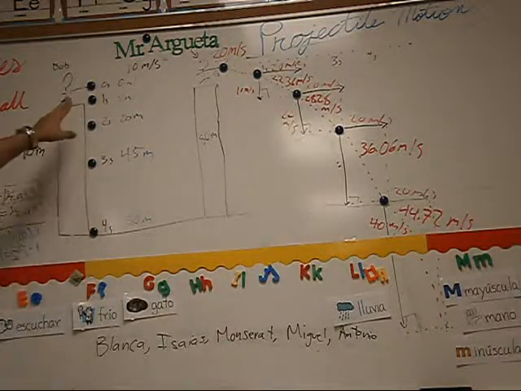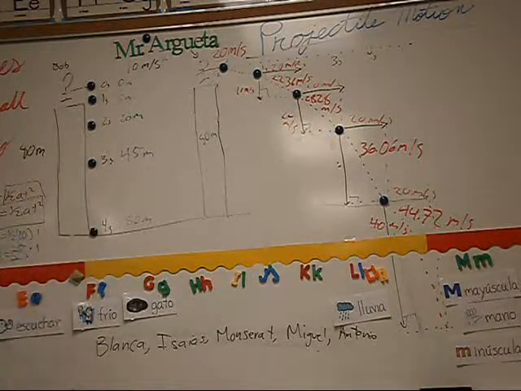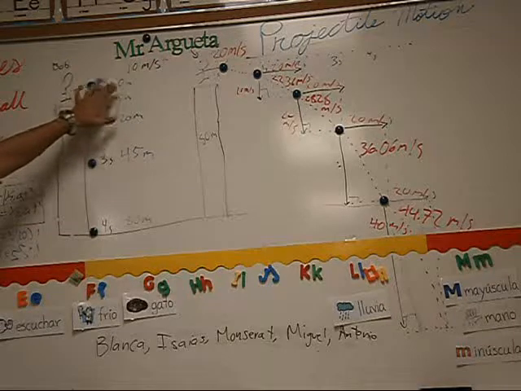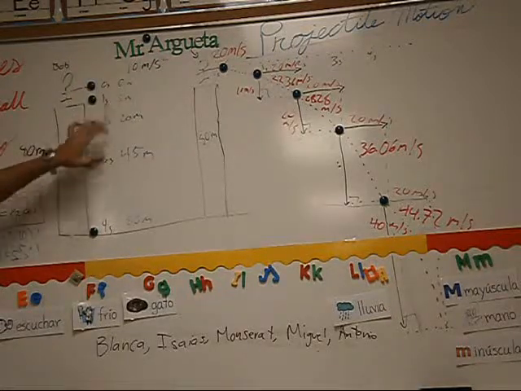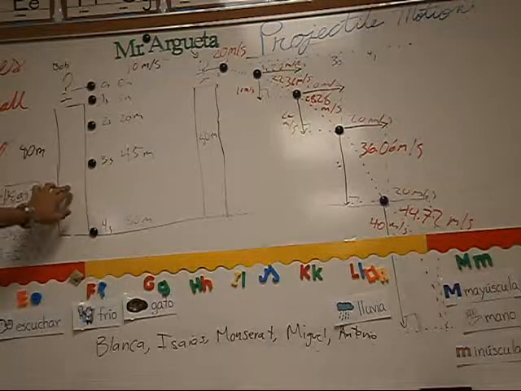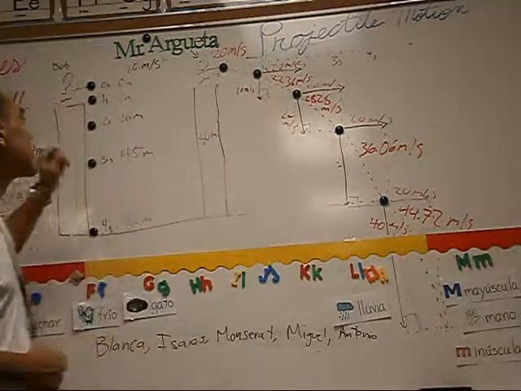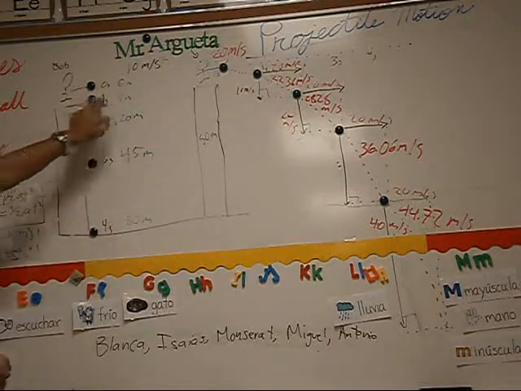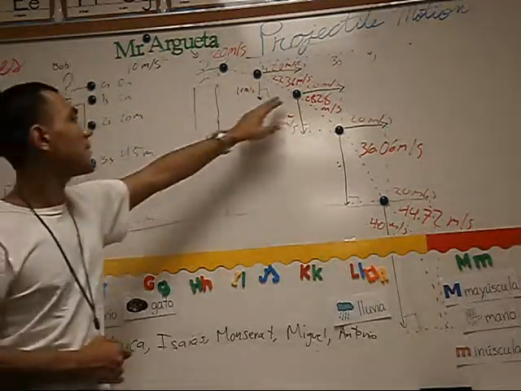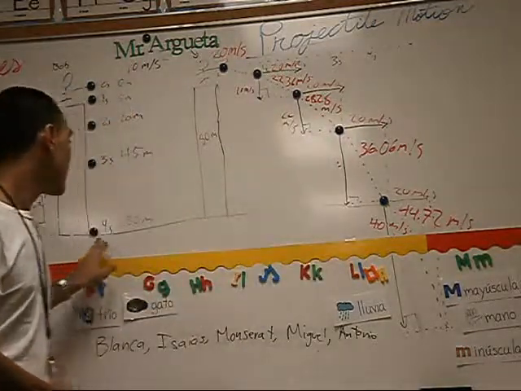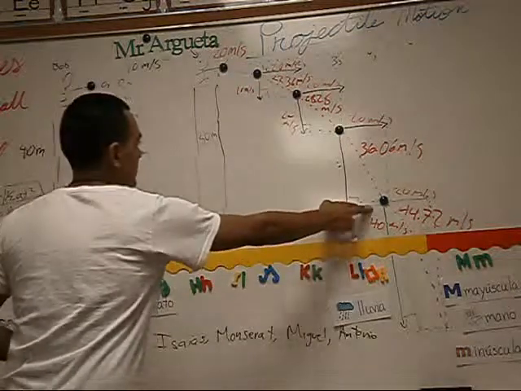The displacement of the ball, from here to here, is 5, and then 20, 45 meters, 80 meters. And horizontally, you see how they fall down at the same speed and the same time. This is the same place. At 4 seconds it dropped, at 4 seconds it dropped as well.